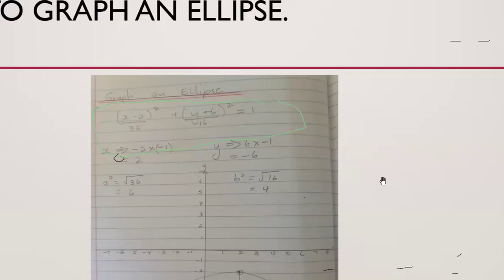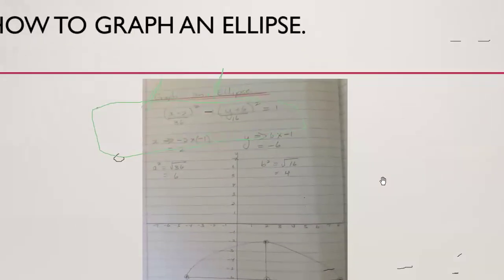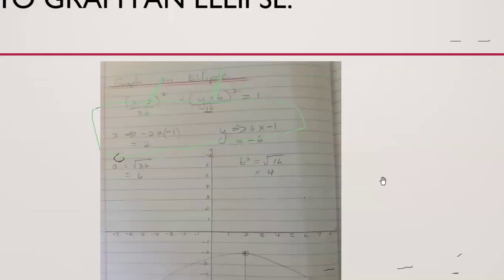The first thing we do is identify our x value and our y value. Our x value is negative 2 and our y value is positive 6. To find the center, we multiply by negative 1.